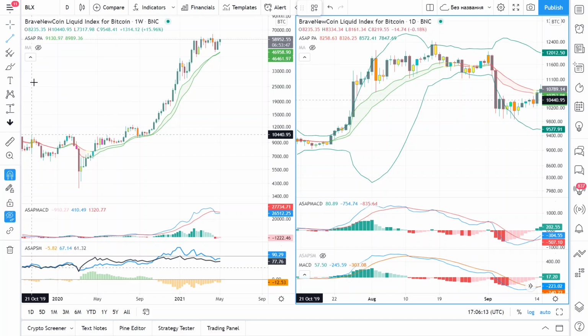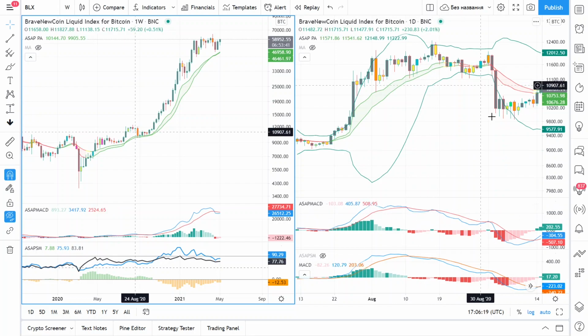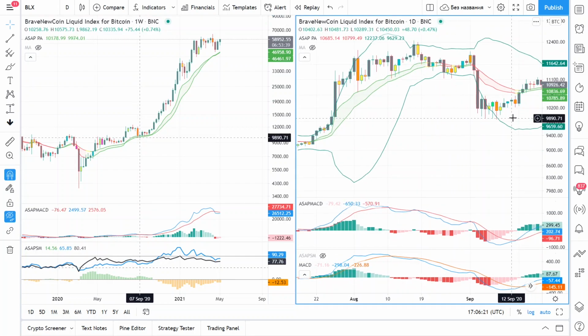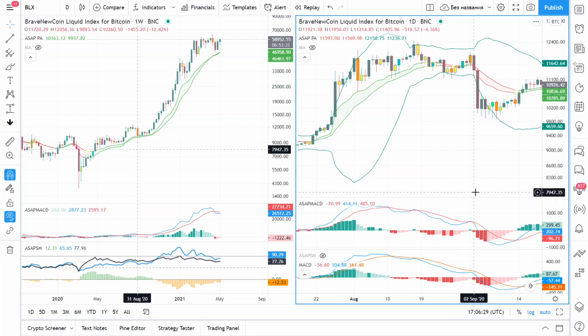So right here it confirms this divergence and a considerable move down happens when the classic MACD didn't show it. So I take those crossovers that never happen on the classic MACD as an advantage.